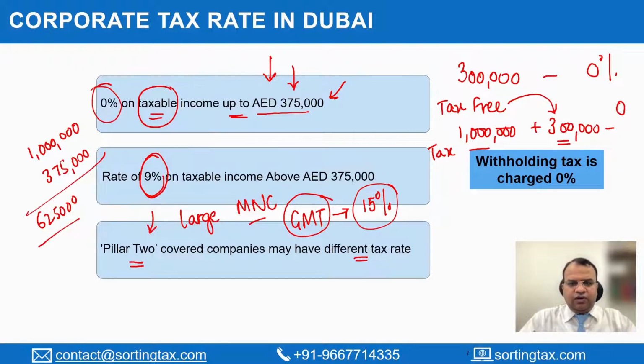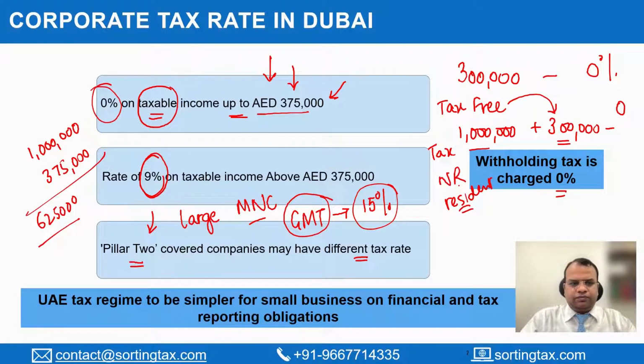But the important point is that the withholding tax is going to be 0% for all payments to residents as well as to non-residents. And the intention of the government is to keep the compliances simple for smaller businesses, because the government understands that small businesses may not have too much profitability.